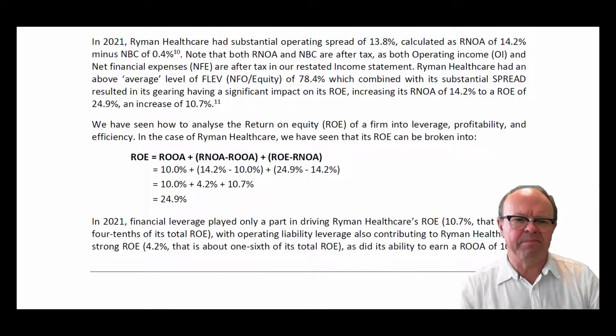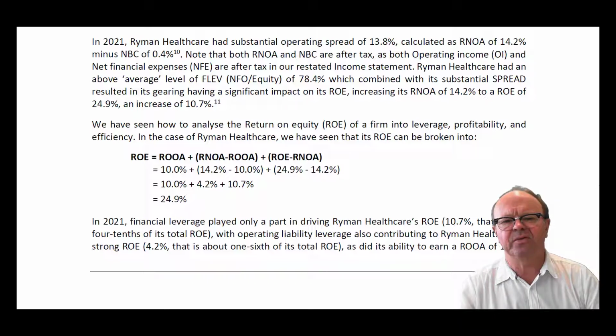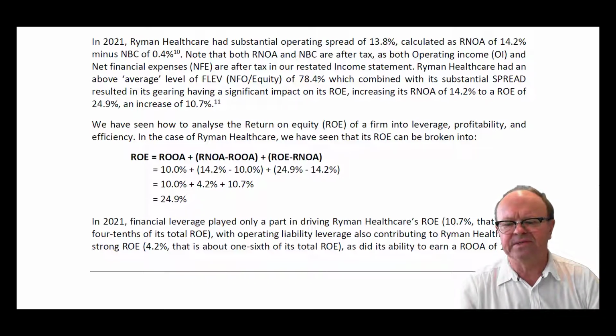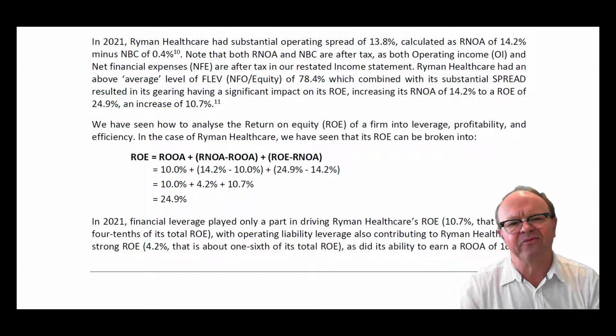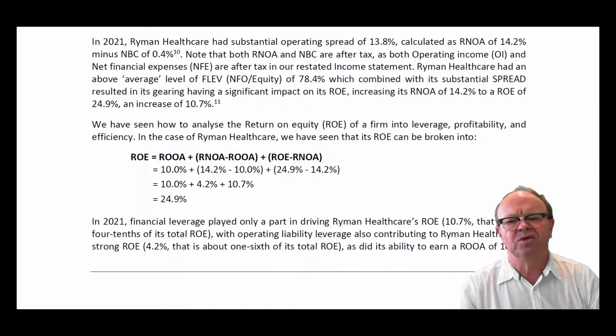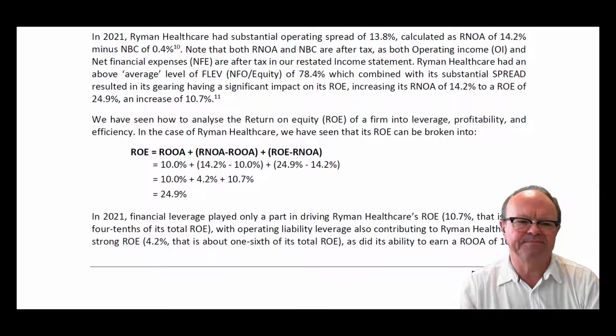Ryman Healthcare had an above level of financial leverage, NFO to equity, of 78.4%, which combined with its substantial operating spread resulted in its gearing having a significant impact on its return on equity, increasing its return on net operating assets of 14.2% to a return on equity of 24.9%, an increase of 10.7%.